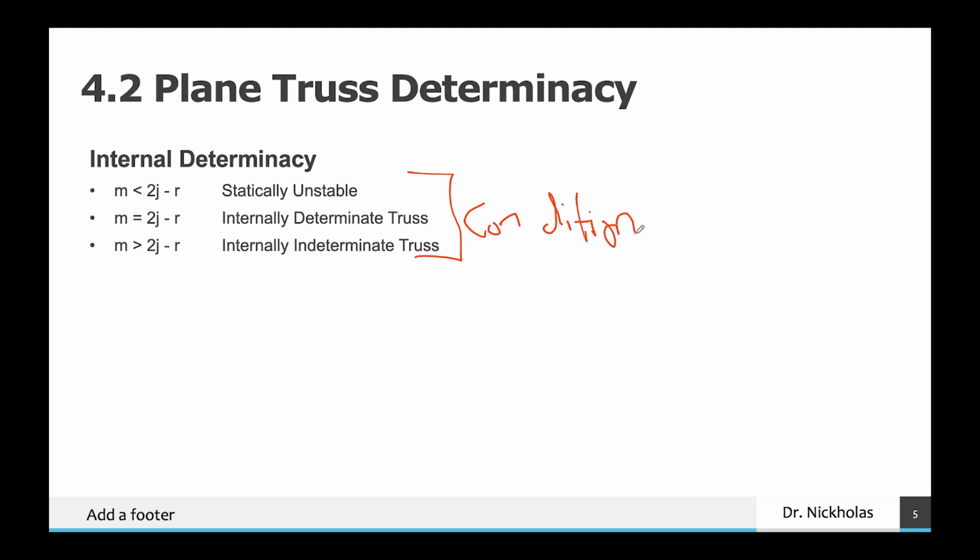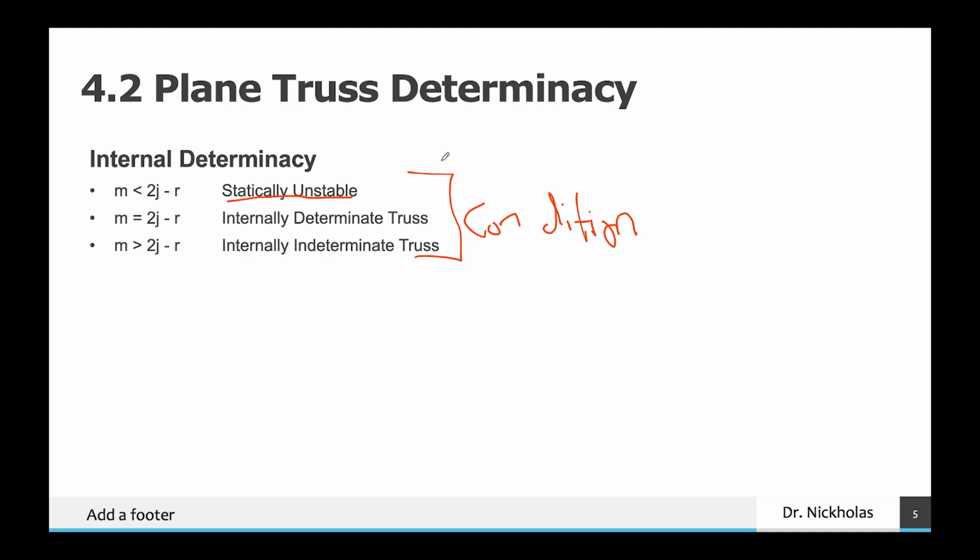These are conditions that we can use to check whether the truss is stable. First, if this condition is satisfied, it means that the truss is unstable, and if it is unstable, we need not go further with the analysis, because an unstable structure cannot be used.